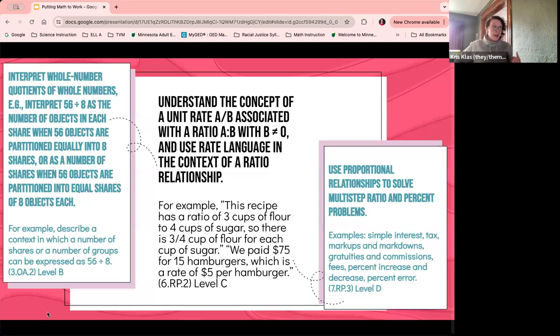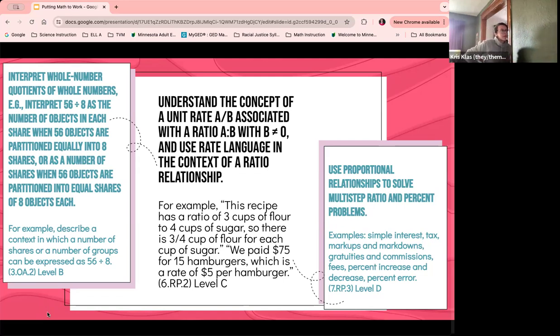There was not a 5.RP standard in the CCRS book. But in the level B standards, I did find: interpret whole number quotients of whole numbers.